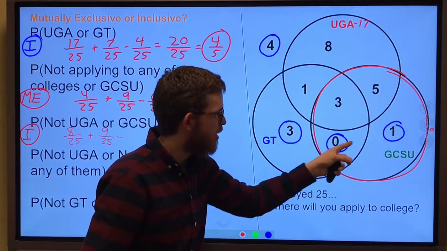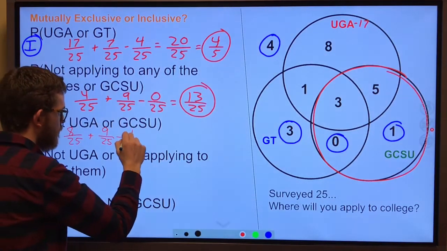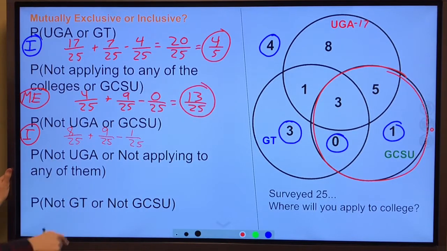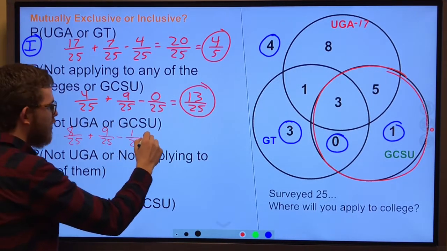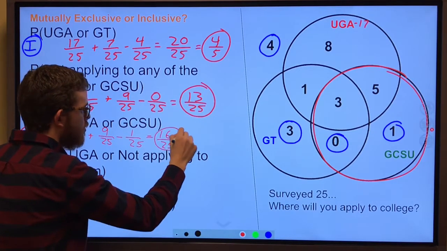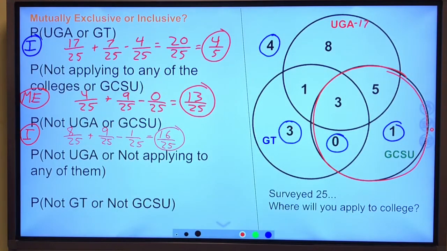Here's the overlap, that 0 and that 1, so that means there's one student that overlaps. 8 plus 9 minus 1 is 16 out of 25. We can't reduce that. That is our probability of finding someone who did not apply to UGA or applied to GCSU.